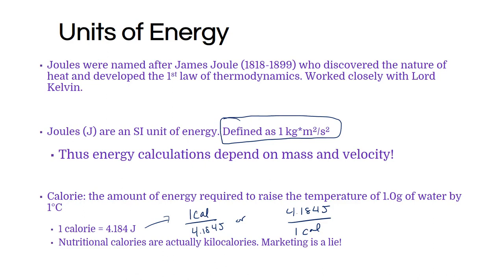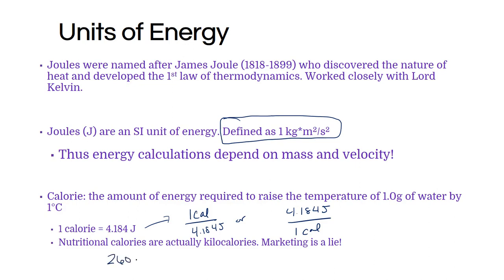Now here's a caveat. There's something we need to know. Nutrition labels for food are wrong. When they say calorie, they make it a capital C, and that's how they get away with not labeling it as what it actually is, which is kilocalories.